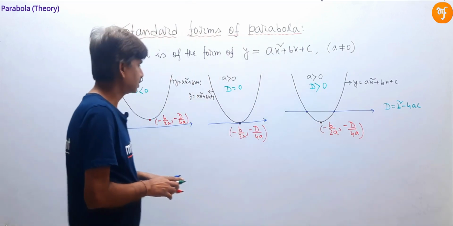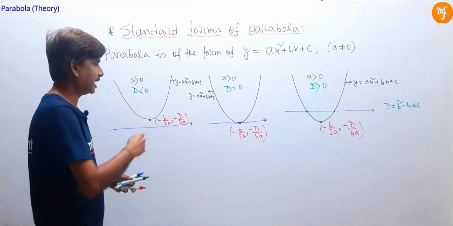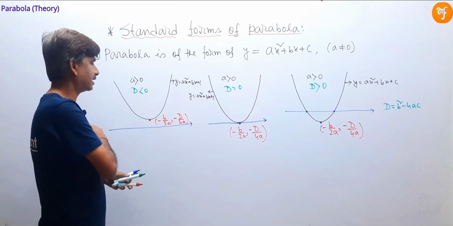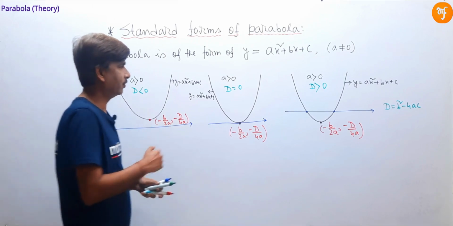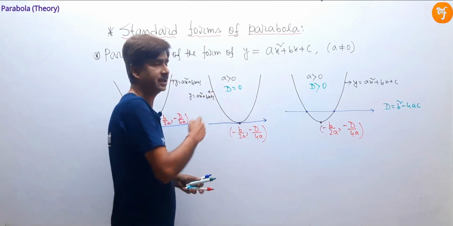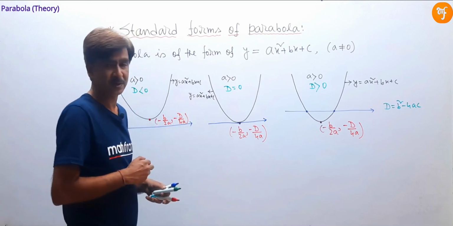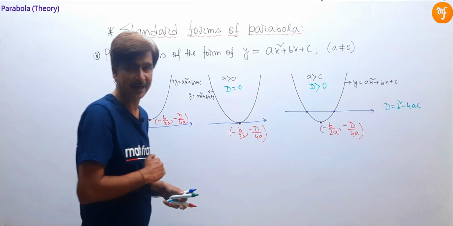Okay, clear? So when a is greater than 0 and D is less than 0, then the parabola y is equal to ax square plus bx plus c is concave upwards and neither touches nor cuts the x-axis. When a is greater than 0 and D is equal to 0, then the parabola y is equal to ax square plus bx plus c is concave upward and just touches the x-axis.